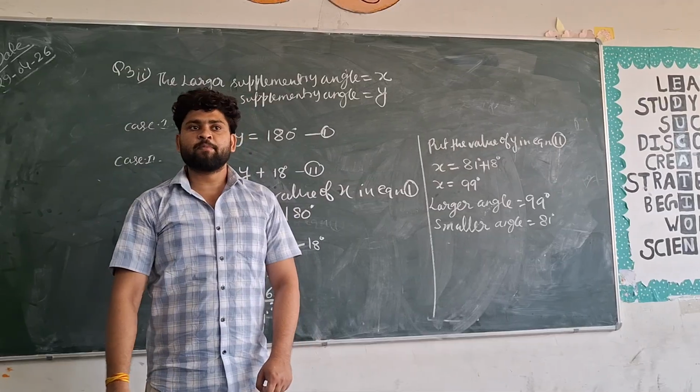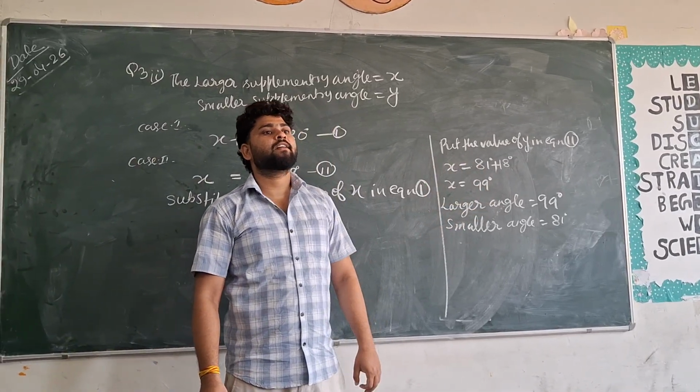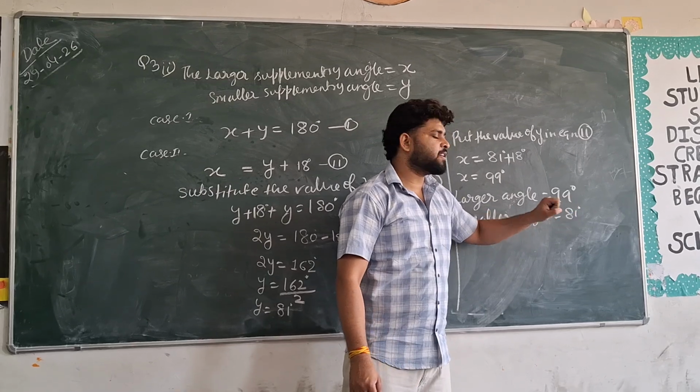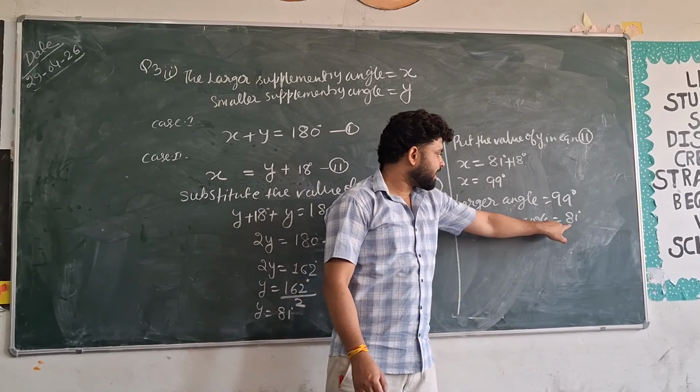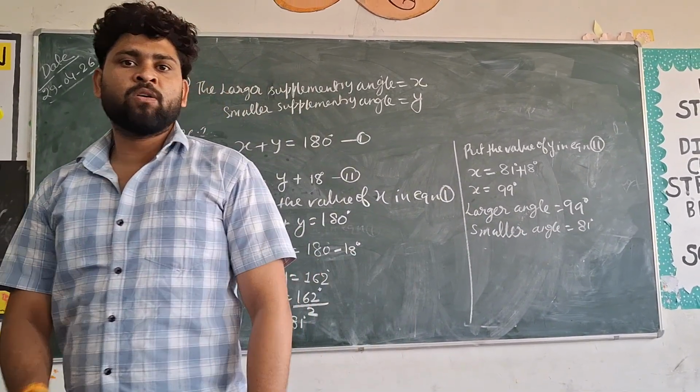Both are supplementary angles, and the sum of supplementary angles is always 180. 99 plus 1 is 100, 100 plus 80 is 180. Hence checked. Note it down.